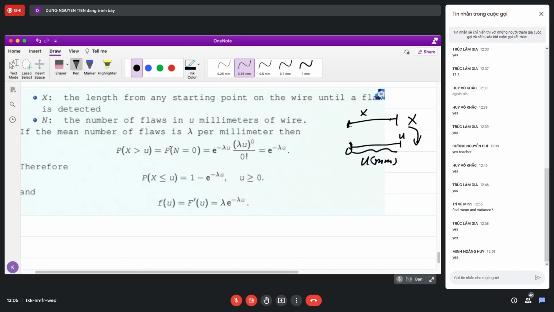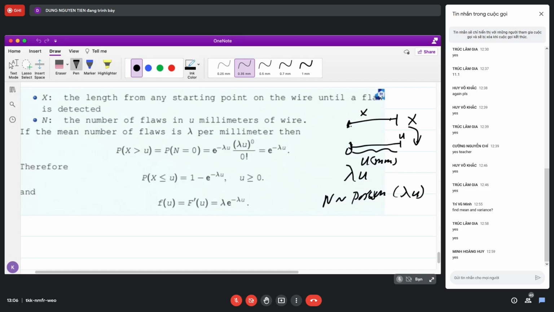It means that N follows a Poisson distribution with the parameter lambda u, right? And then you get the probability e to the minus lambda u times (lambda u) to the 0 over 0 factorial, and that is e to the minus lambda u.